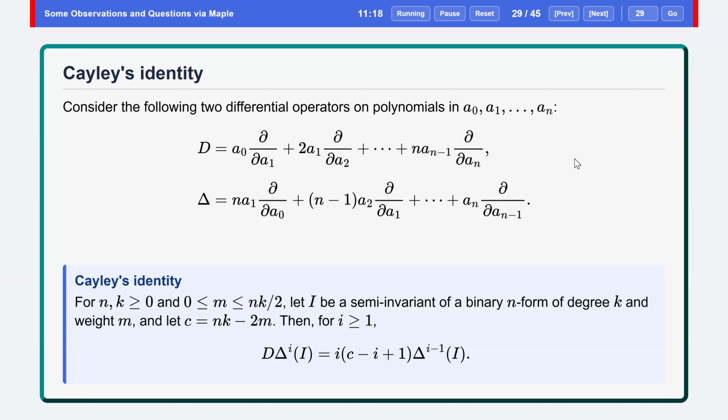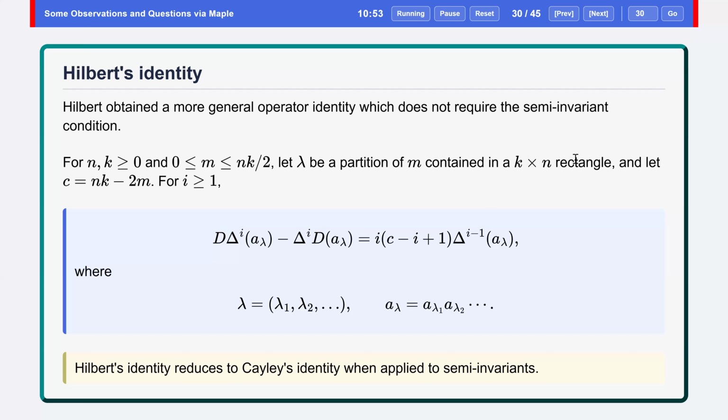So consider the following two differential operators. We have this one, and we have this Cayley's identity on these operators D and delta. And actually, I think this identity is also related to the work of Richard Stanley on differential posets, without the background of invariant theory, but of course it is related.